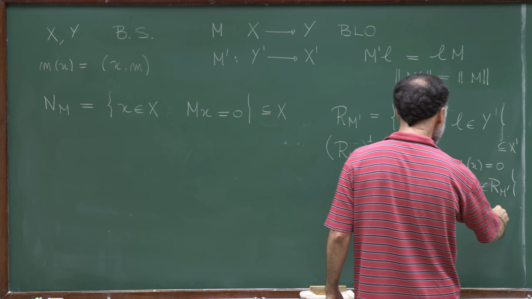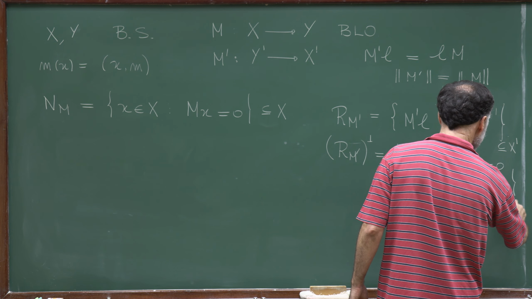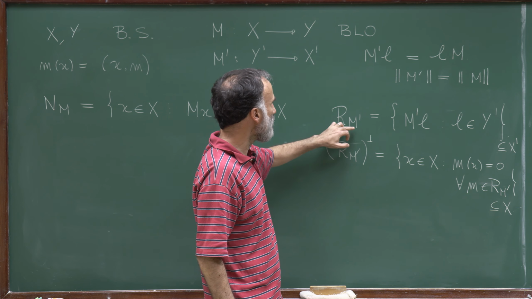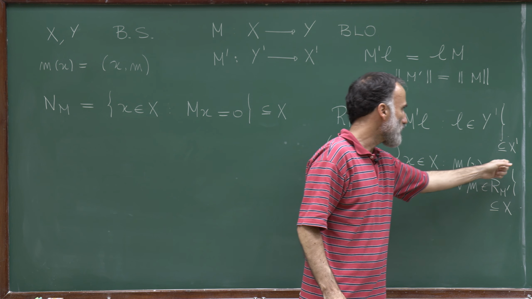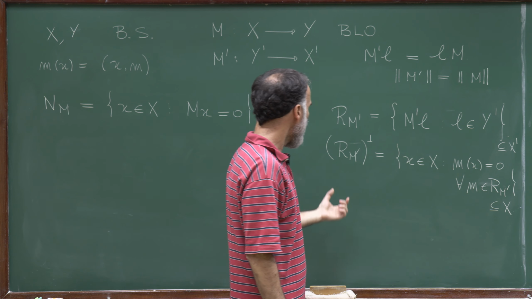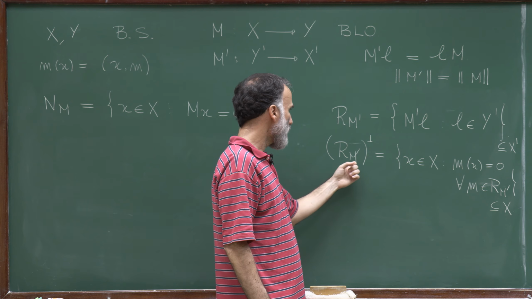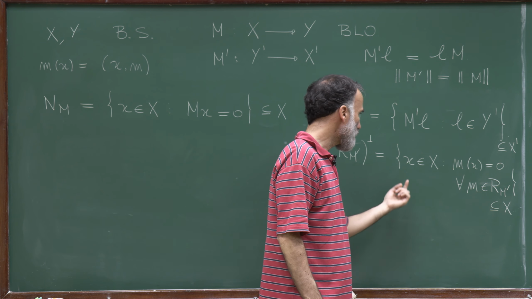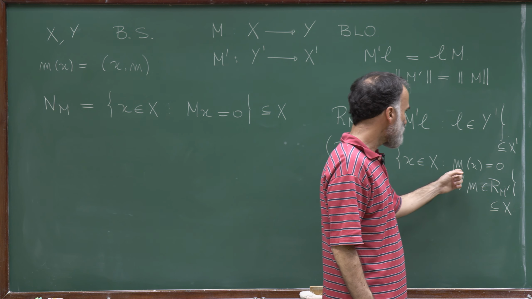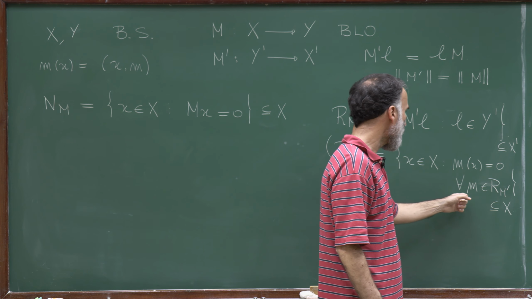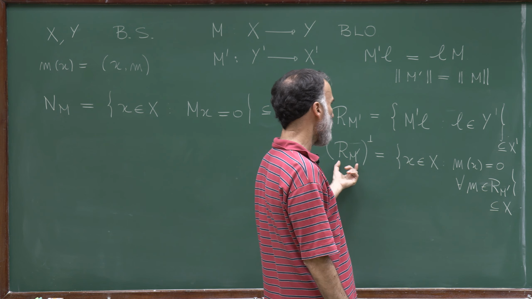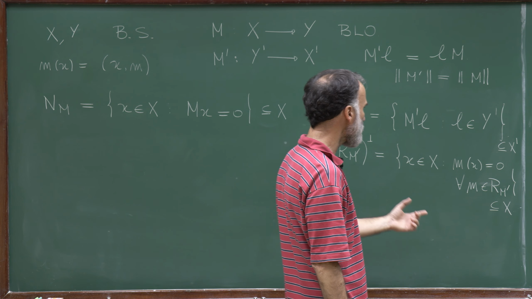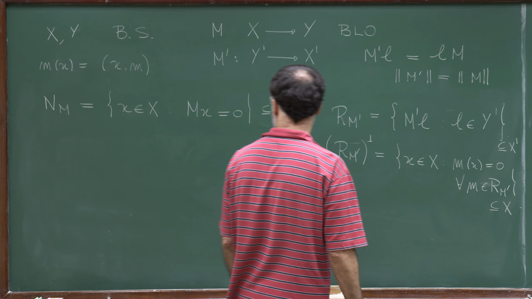So this is a subspace of X. So since the range of M prime is a subspace of X prime, I will define by Rm prime perp the subspace of X of all points x such that M of x is equal to 0 for all M in the range of M prime. And this, of course, is a linear subspace of X.